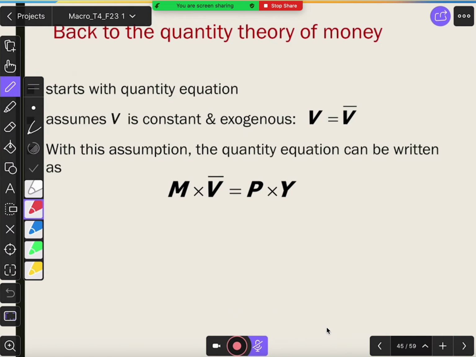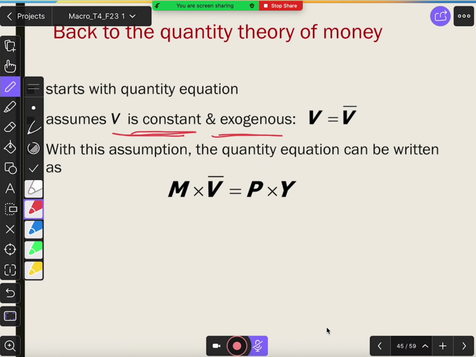Okay, the big assumption in the quantity theory of money is that velocity is constant. It's a certain number and it does not change, right? So if this piece of paper circulates 5 times in a year, it's going to stay 5 times a year, every year, forever. So they have this big assumption that V is constant and it's exogenous.